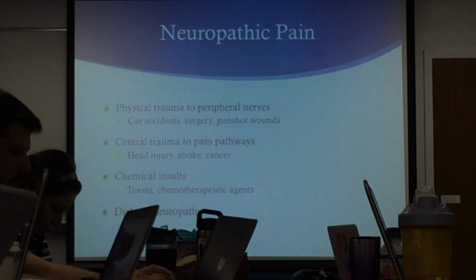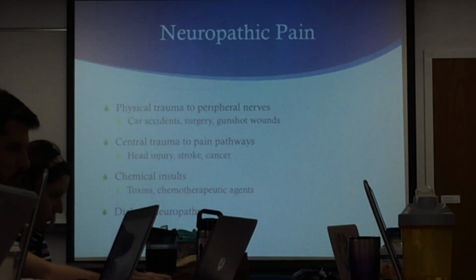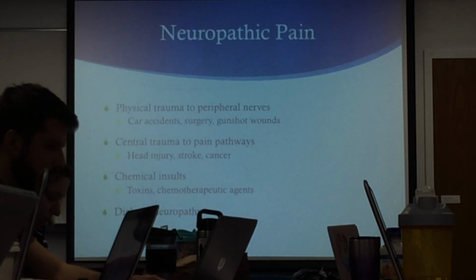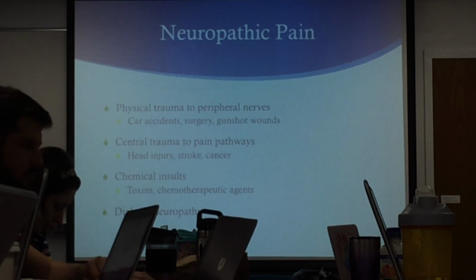So pain becomes transmitted through all these different alternate pathways where the receptors that are supposed to be there aren't there anymore, and the nerves start sending projections to other areas that don't normally transmit pain signals.